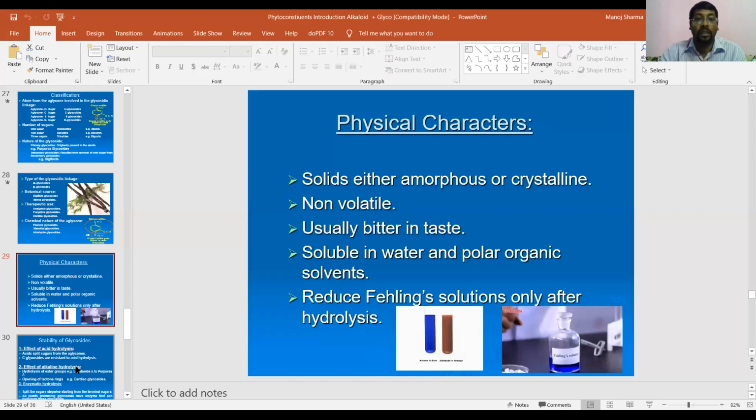Usually they are bitter in taste because the sugar is not free. If we just remember our knowledge from the carbohydrate topic, polysaccharides are not sweet in taste compared to oligosaccharides, disaccharides, and monosaccharides.